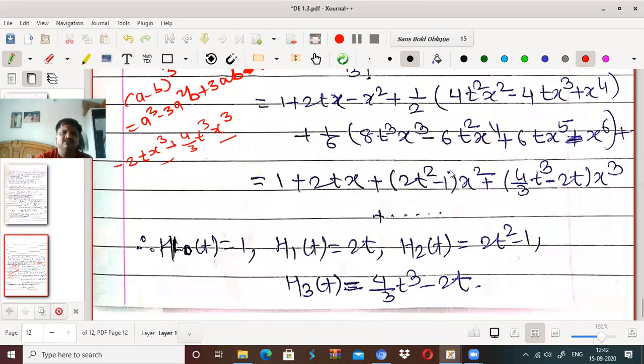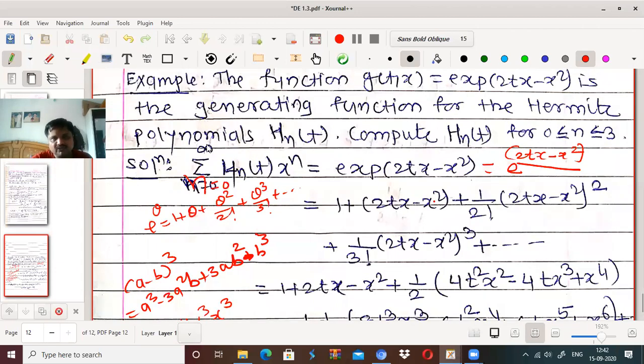Your left hand side is h0 of t plus h1 of t into x plus h2 of t into x square plus h3 of t into x cube and so on. This is the left hand side expansion.